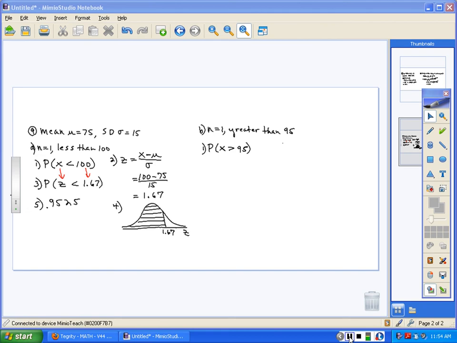Step 2, change from the x world to the z world using the formula z equals x minus mu over sigma. And x here is 95. The mean is still 75. And the standard deviation is 15. So when you do that one on your calculator, you get 1.33.